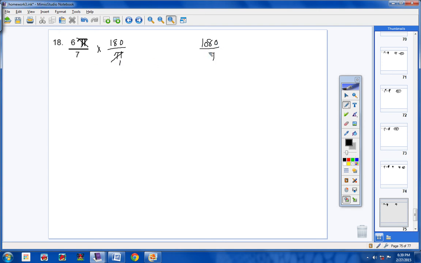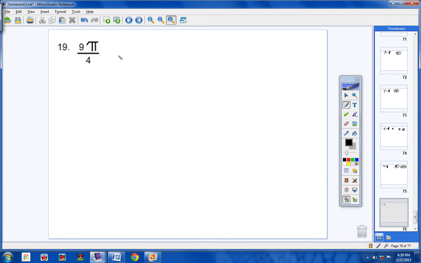Now let's see if that can be reduced. It cannot be reduced. So this is your answer in degrees, or if you want the decimal equivalent, which is fine, 154.29 degrees.